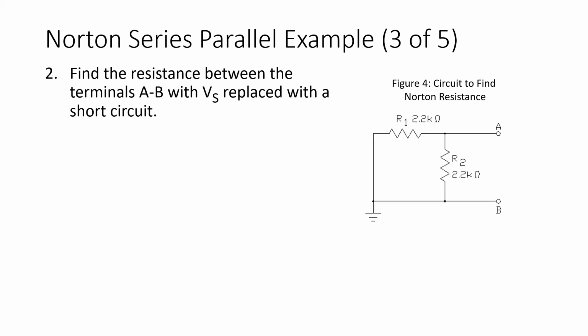Step 2, we find the resistance between terminals A and B with V source replaced with a short circuit. This is the same procedure we use to find the Thevenin equivalent resistance. Note, with V source shorted, from terminal A to terminal B I have two paths to get from A to B. One is through resistor R1 and one is through resistor R2.